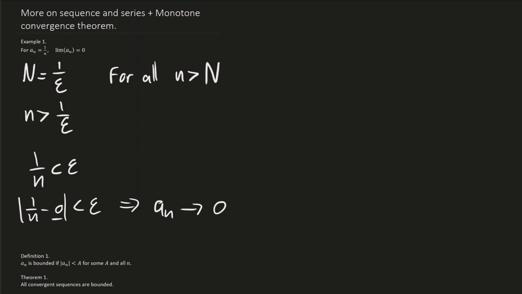We've shown that 1 over n, as n gets really large, converges to 0. So that's quite a good example. It's quite a typical convergence that we use a lot in high school with limits. It's a very simple proof, of a sequence that I used quite a lot in high school.